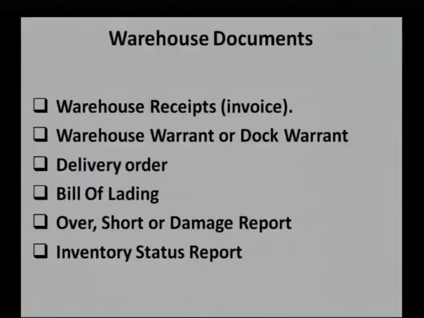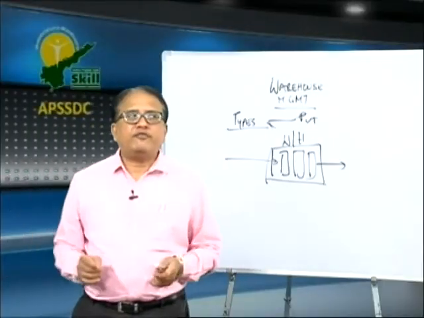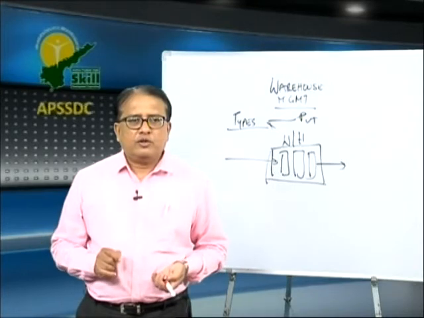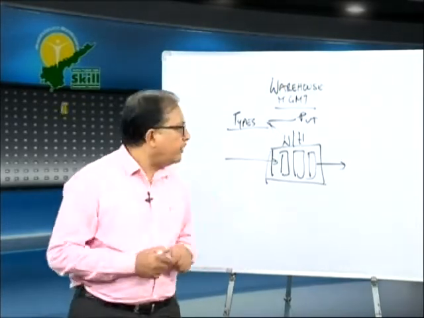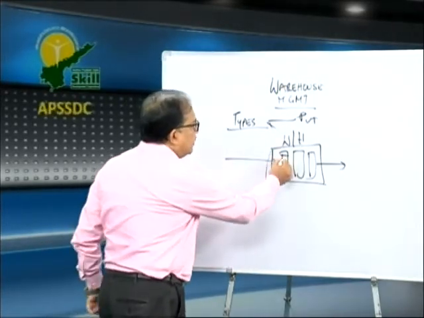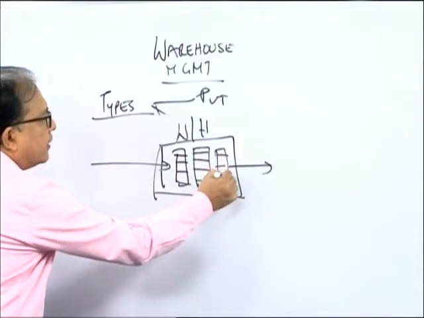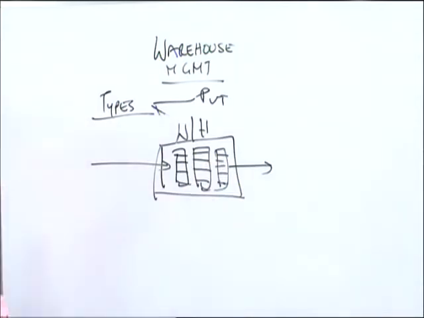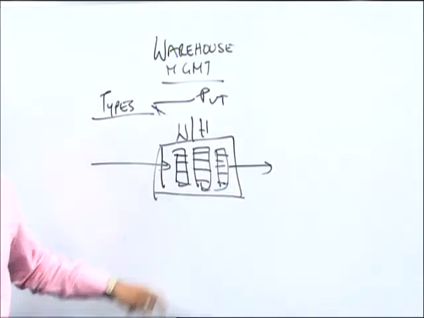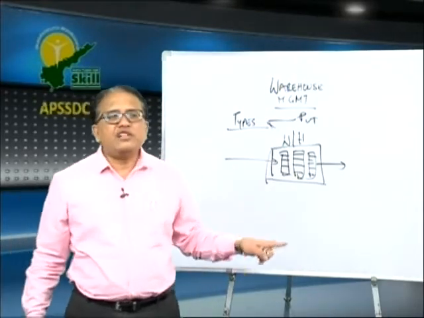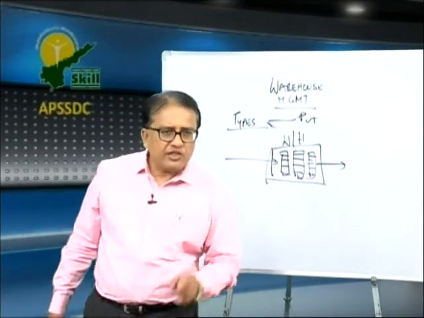And lastly, what is a warehouse meant for? A warehouse is meant for storing goods. That means an inventory is created within the warehouse. This is the inventory, the stock of goods. So, there is a record of the inventory which keeps changing, and it is essential.